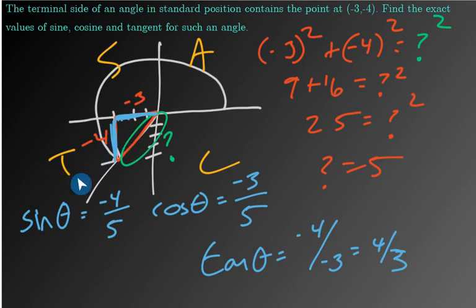Tangent should have been positive, but none of the other ones should be positive. So that's basically how you could get the exact values of sine, cosine, tangent, even though you don't know the angles. There was no mention about the angle, purely just about where the angle ends, the point that it ended at. And then I could still use what I've learned about triangles and trig to get there.